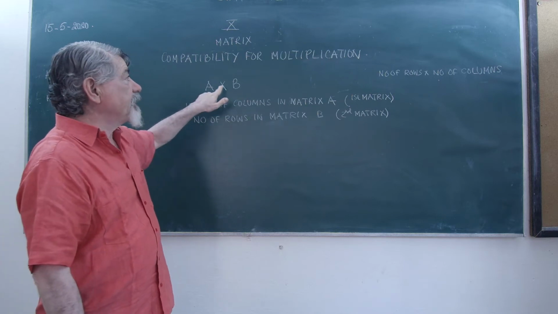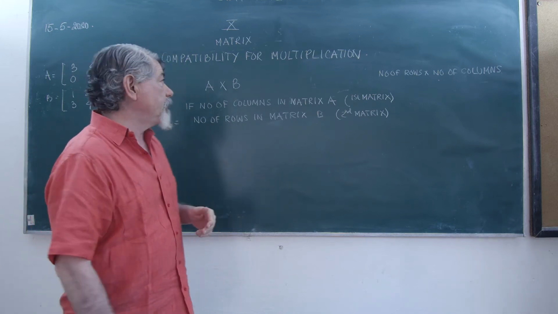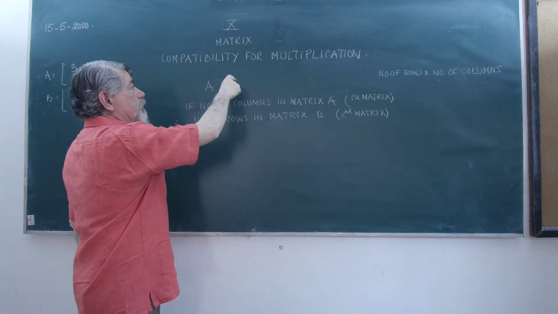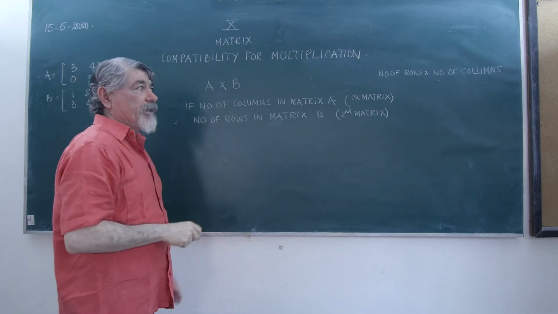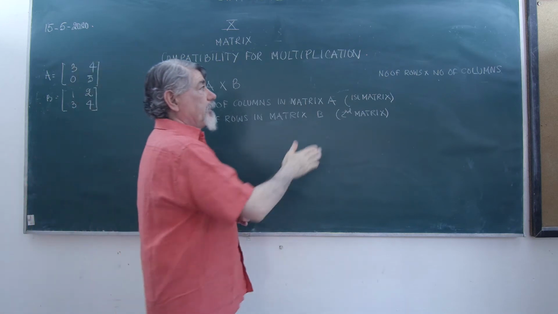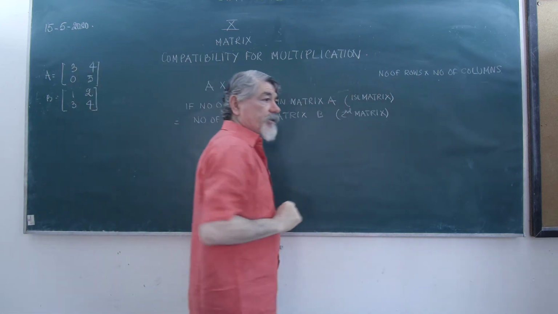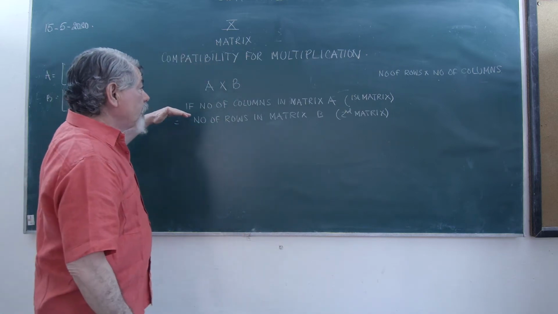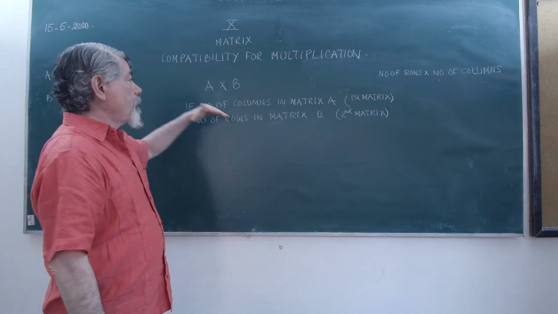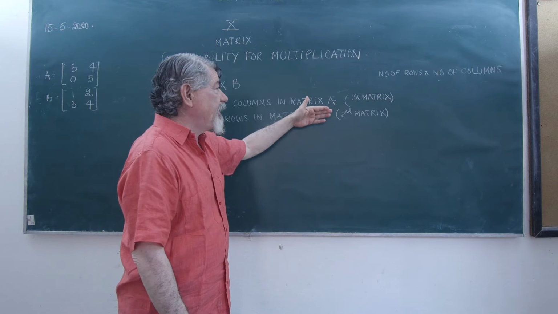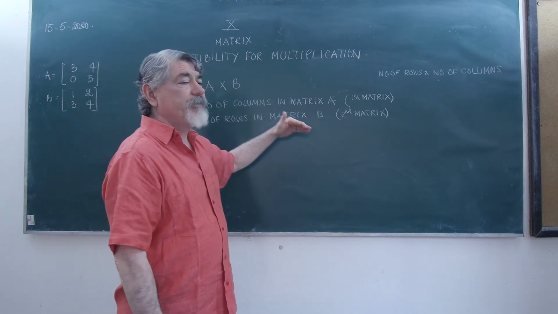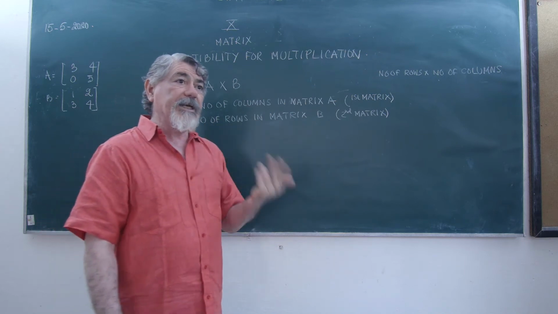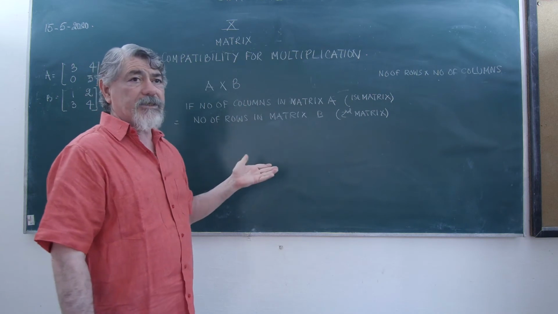It is easier to remember: number of rows into number of columns is the order of the matrix, so just reverse that. If the number of columns in matrix A is equal to number of rows in matrix B, then the multiplication A into B is possible. For B into A to be possible, again the same thing has to be followed.